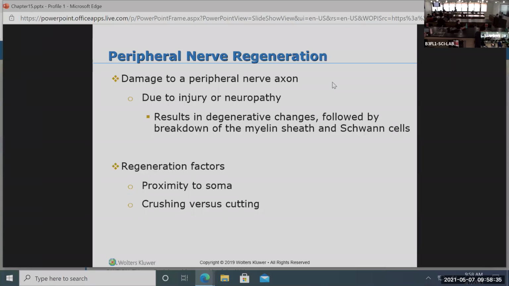Number two, there are two types of injury: the crushing type and the cutting type. Clean cut, crush type. In the crushing type, please remember, there are chances of regeneration. With a cutting type, no question, no regeneration with a clean cut. Crushing, chances, partial or complete. Everybody? Good.